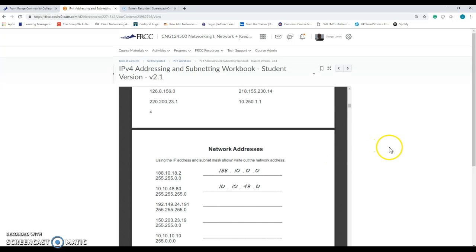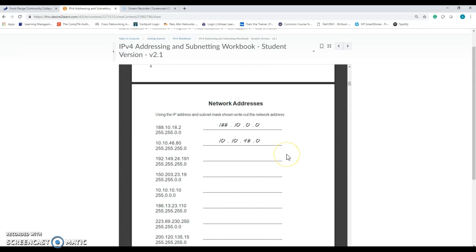One more piece you could practice is writing down the network address by figuring out the IP address and the subnet mask, and coming up with the network address. Once you get to this point, you can start to identify what belongs to the network and what belongs to the host.